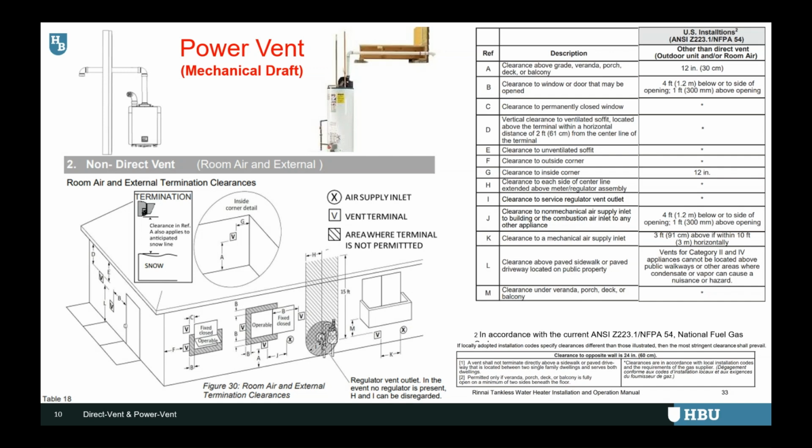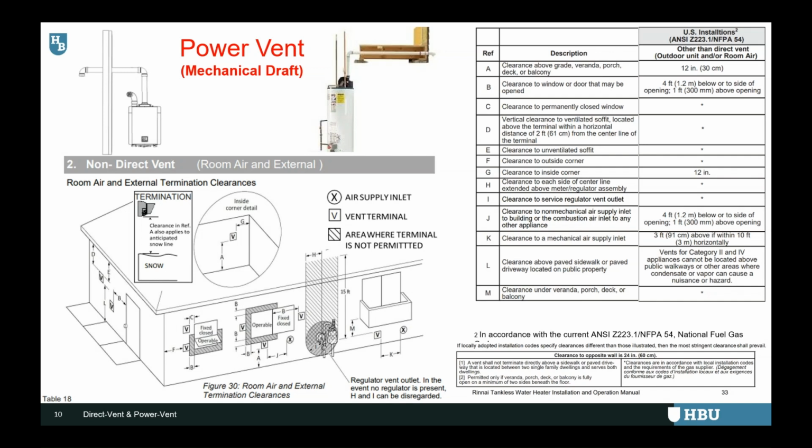This larger clearance is absolutely crucial because of that positive pressure in the vent. If there's any leak in the system, or even just during normal operation, that positive pressure means exhaust gases are being pushed out. We need that 4 feet distance outdoors to allow these exhaust gases to dilute safely in the air before they could potentially be drawn back into the building through an open window or door.